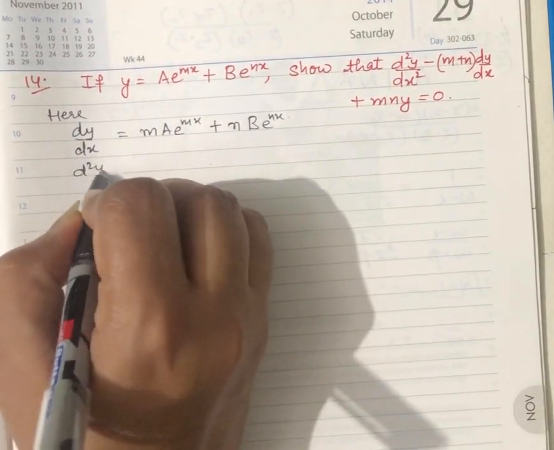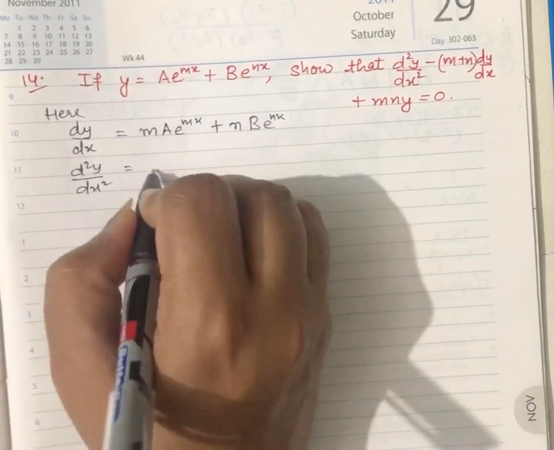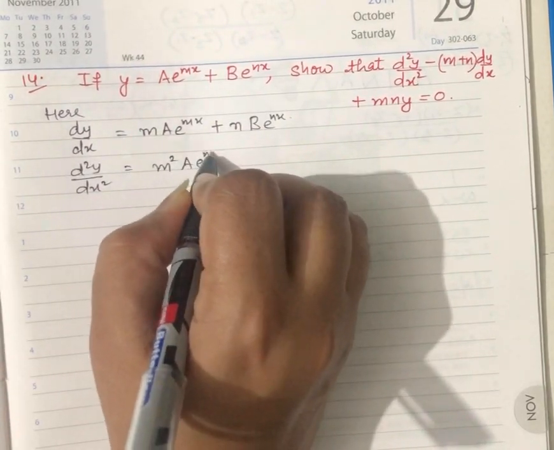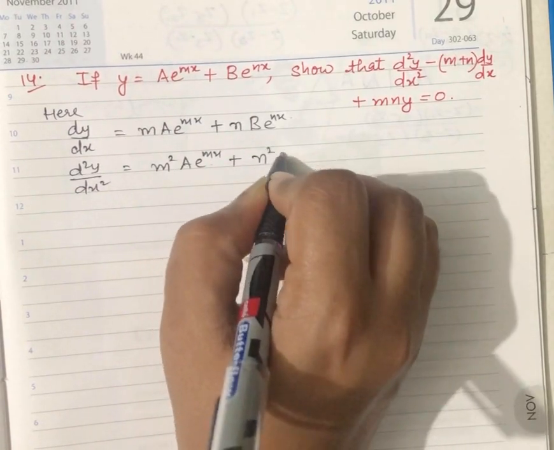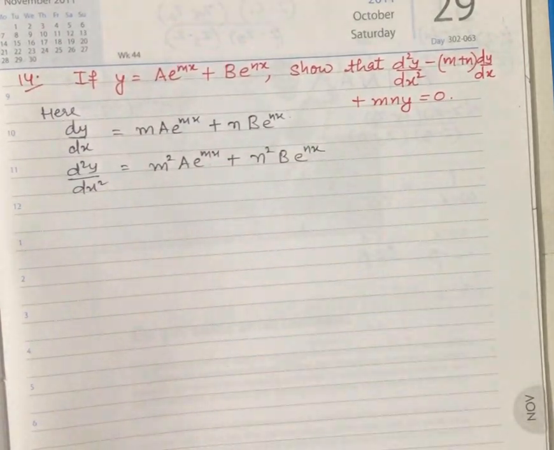Now again differentiating, so it becomes m square a e to the power mx plus n square b e to the power nx.